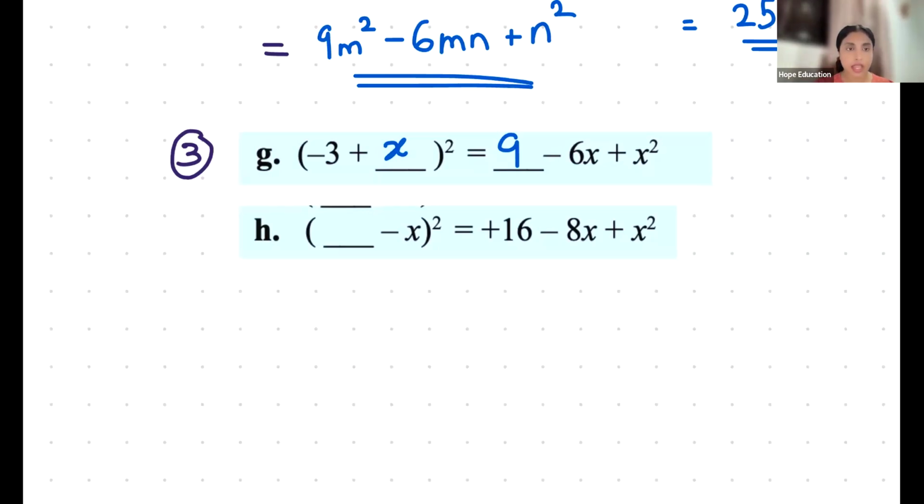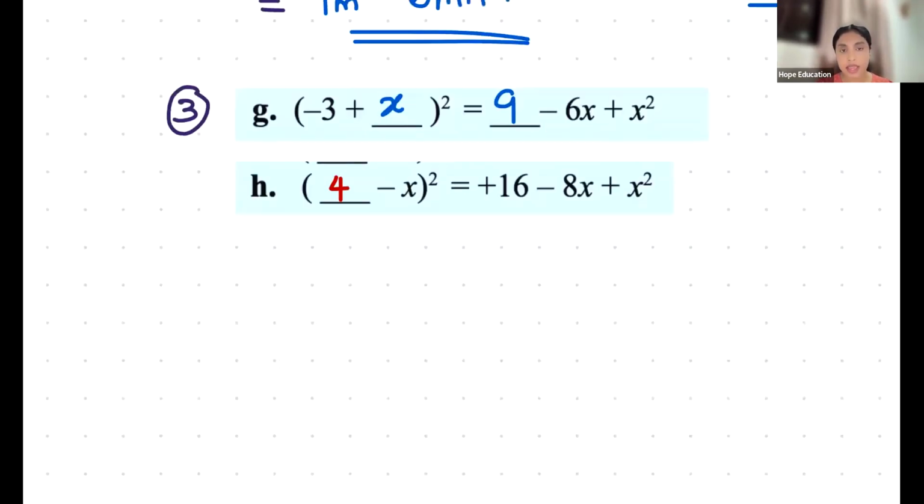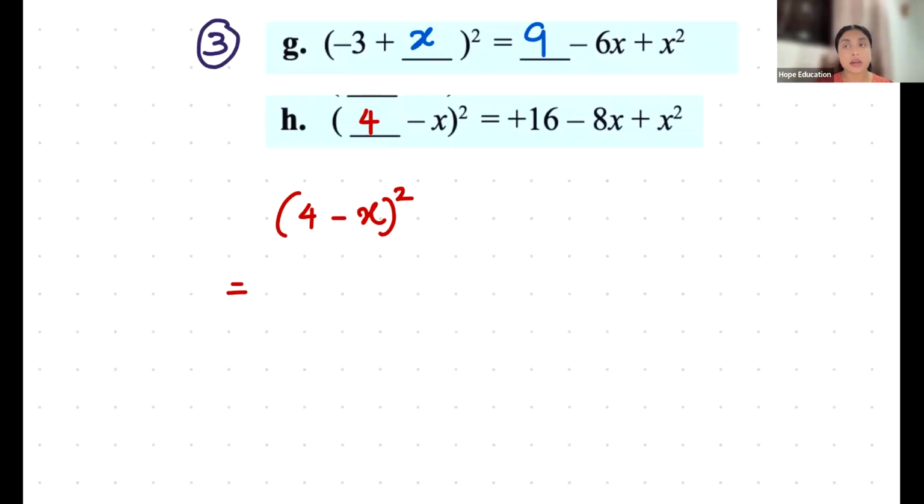Firstly, I will put, let's say, 4 here. Then (4 minus x) squared. So we'll simplify this and see. We take the square of the first term. The first term is 4. The square of 4 is 16. Then we take the first term multiplied by the second term multiplied by 2. So 4 times 2 is 8, then we have x.